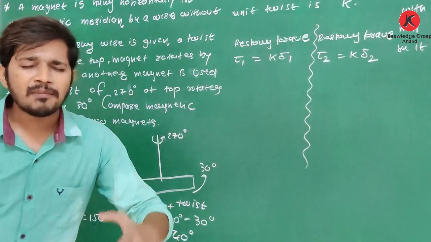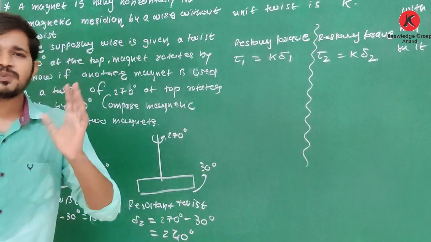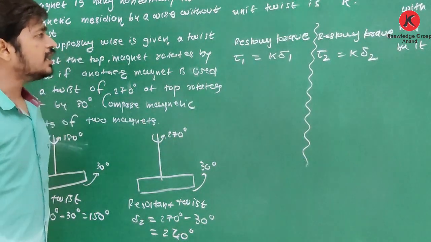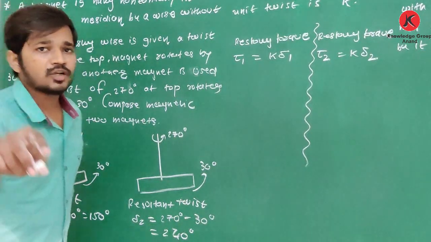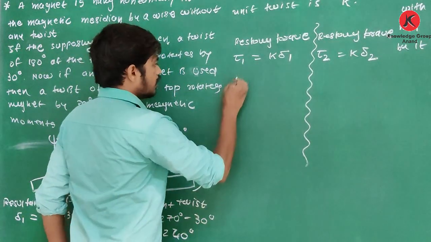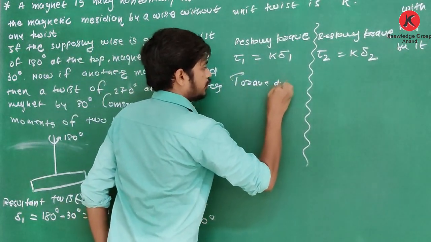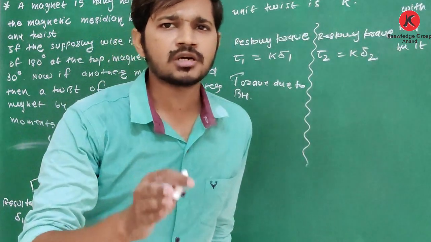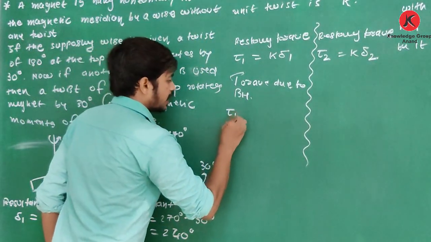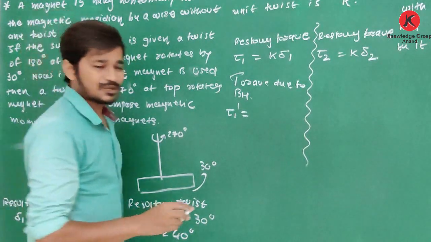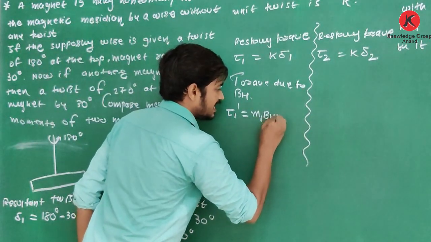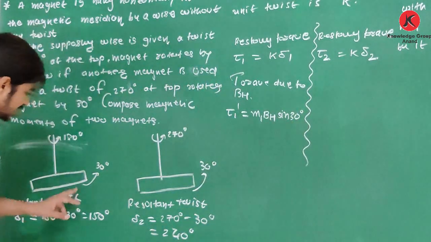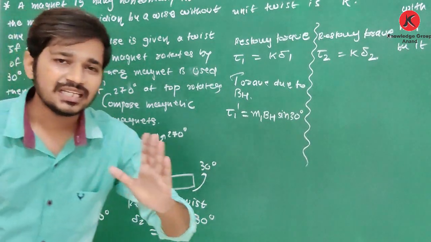So due to the horizontal component of Earth's magnetic field, BH, there is some torque acting on the magnet. That torque is tau 1 dash equal to M1 BH sine 30. Why 30? This magnet is rotated by 30.